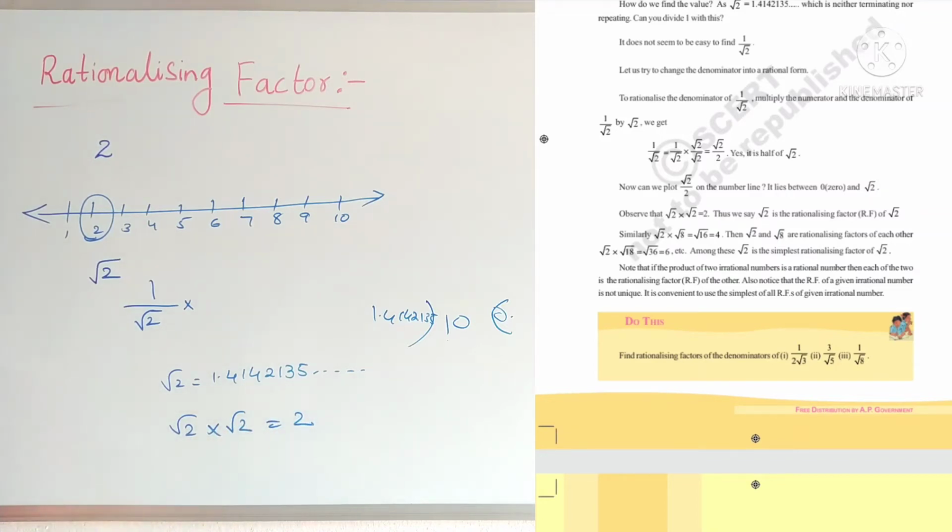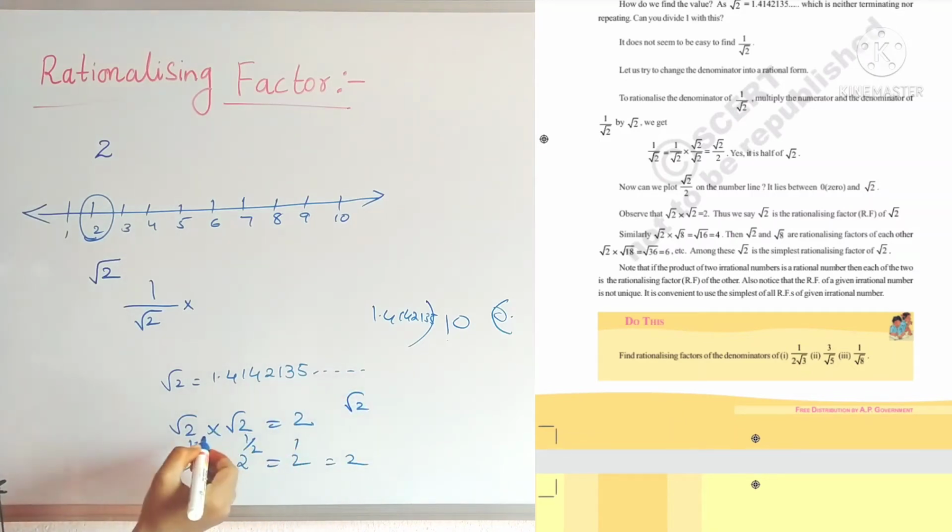How is it becoming 2? Root 2 means 2 power 1 by 2, and here also 2 power 1 by 2. When bases are equal, the powers will be added. So half plus half is 1, and 2 power 1 is 2 only. Like this root 2 into root 2 will become 2.